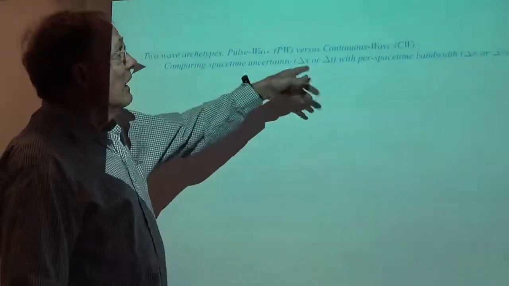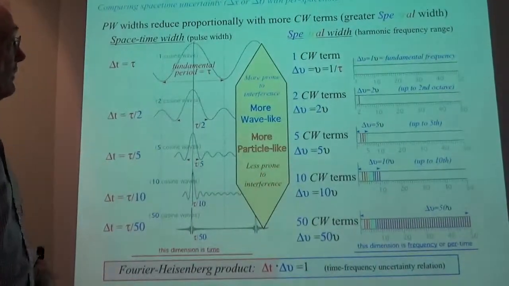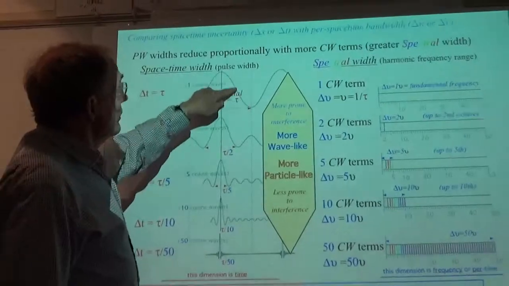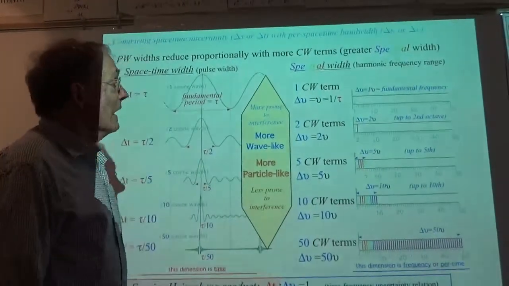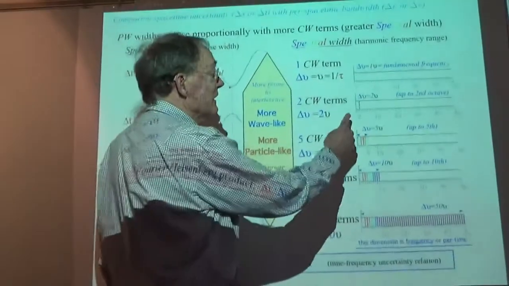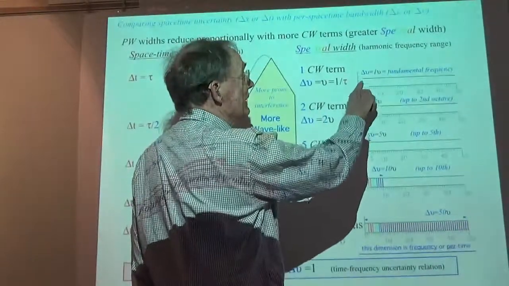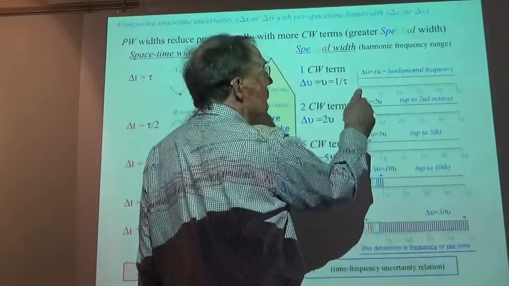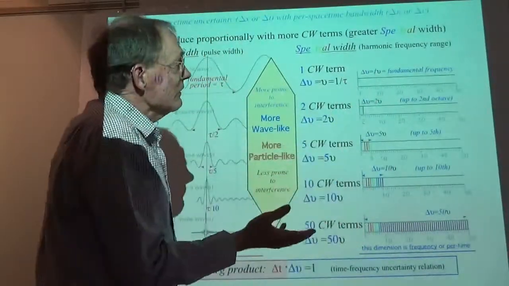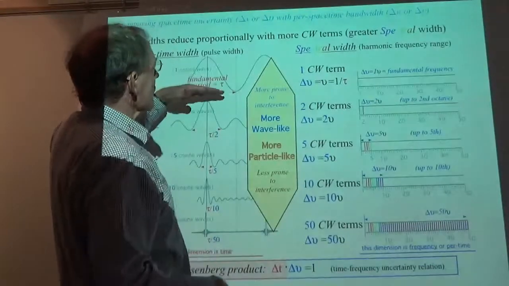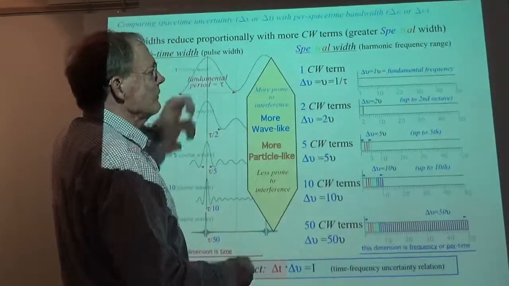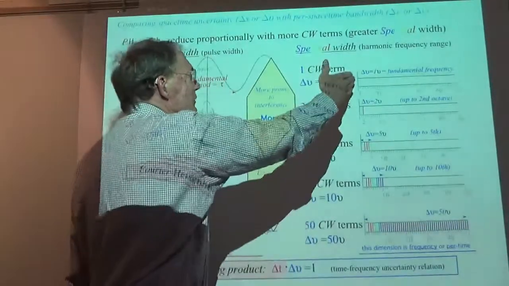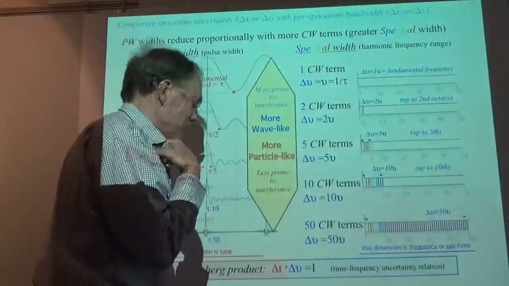Okay, now I'm going to compare uncertainty in space and time with uncertainty in inverse space and time. So here's just one cosine wave. And in per space-time, we'd indicate that as a single line in a scale of 1 through 50, and only one is available. Well, you could say you have to have a zero frequency, so I could put this thing anywhere using the zero frequency. So there's really two lines there, but that's a little bit of a quibble.